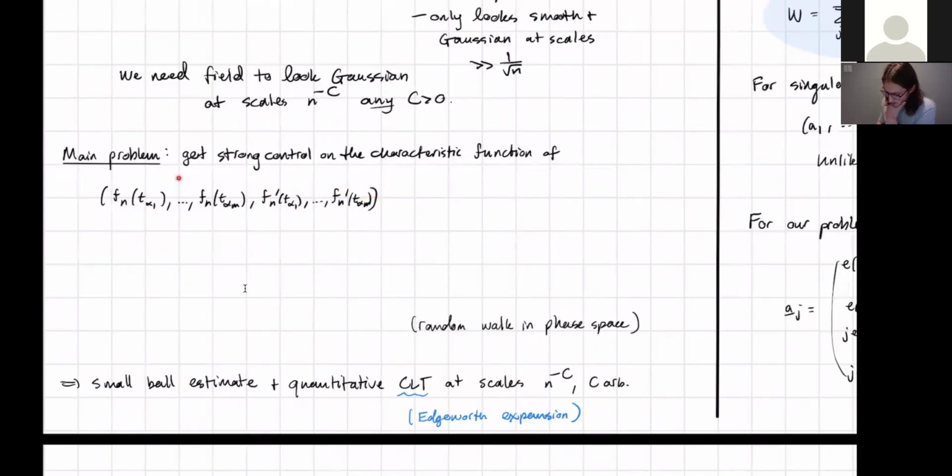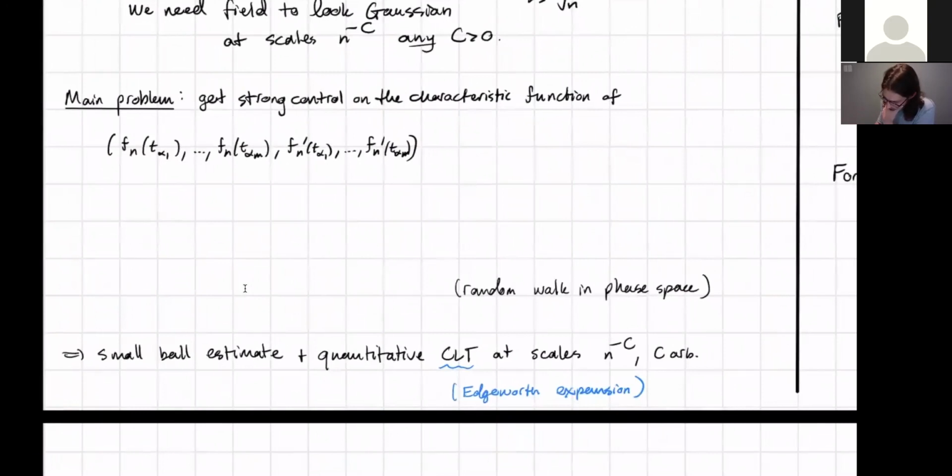So what we need is that for this random vector, for any fixed m and any generic points t alpha 1 up to t alpha m in the circle, this vector is very close to Gaussian.